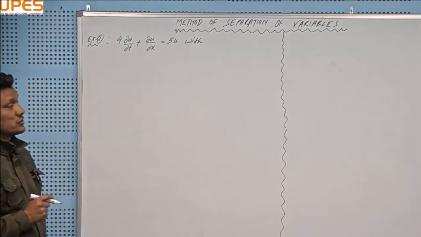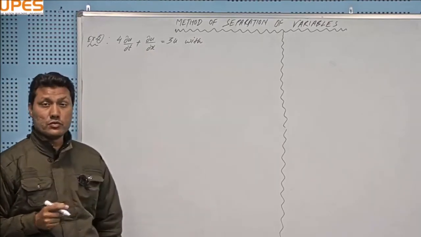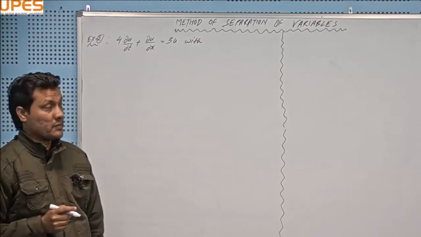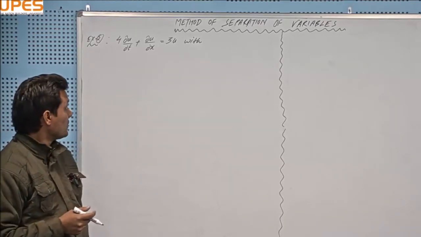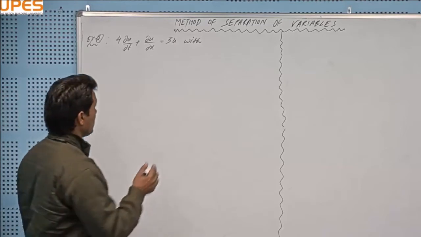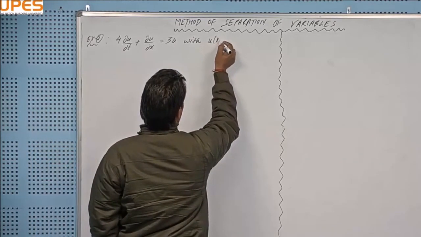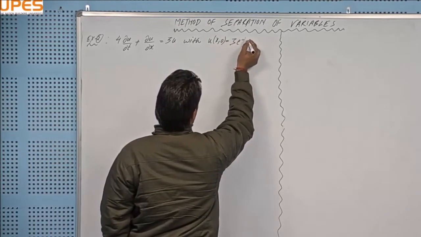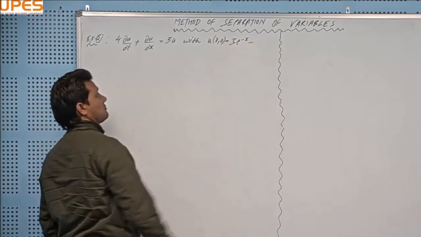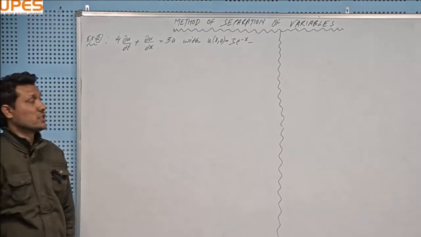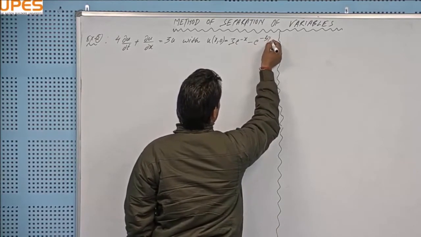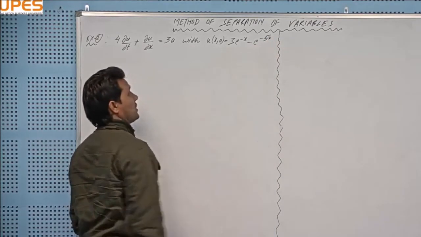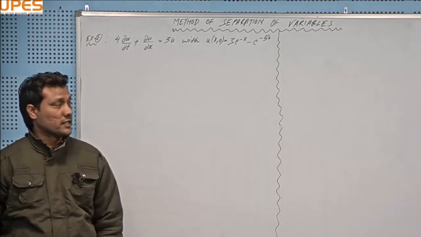As in our last question I took u(x, 0) is equal to 6 times e to the power minus 3x, but this time I will be taking some more complicated initial condition, and that should be u(x, 0) is equal to 3 times e to the power minus x, and let me take another exponential function again, plus e to the power minus 5x. So you can see that this time the initial condition gets extended, right?